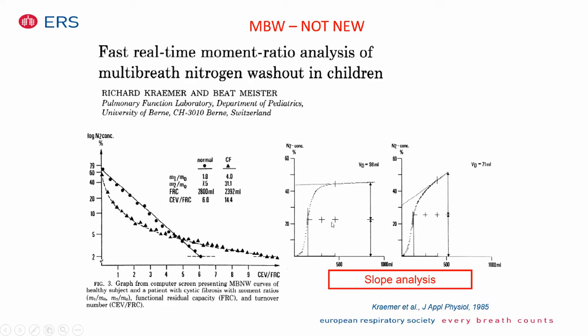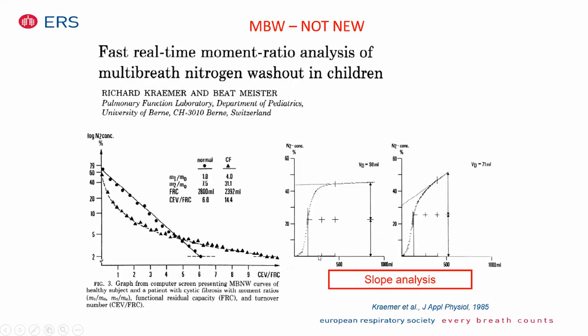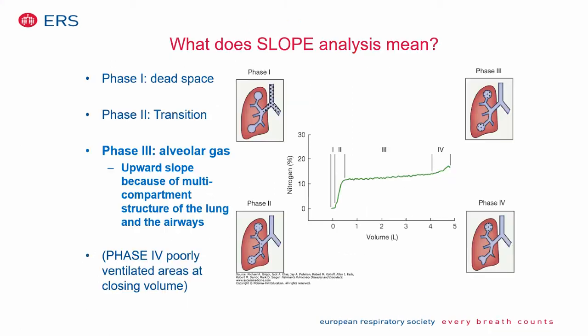Here you have, one back, yes, a schematic or an example of a slope in a healthy subject where you have a very straight slope, very, very little inhomogeneity, and here you've got a very steep slope in a cystic fibrosis patient where you have marked heterogeneity and a slower washout of the resident gases.